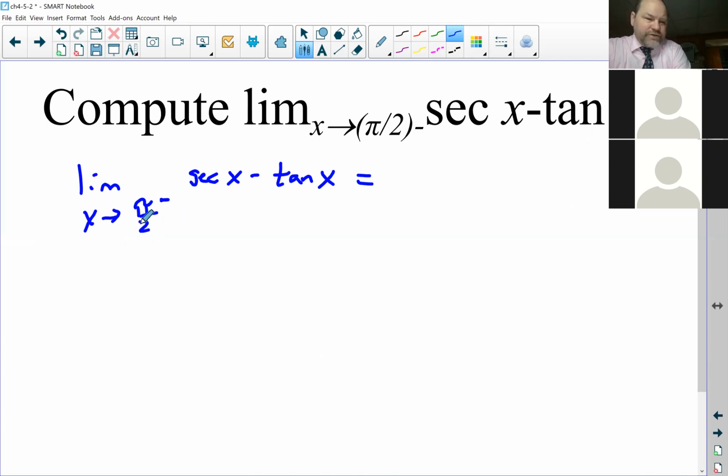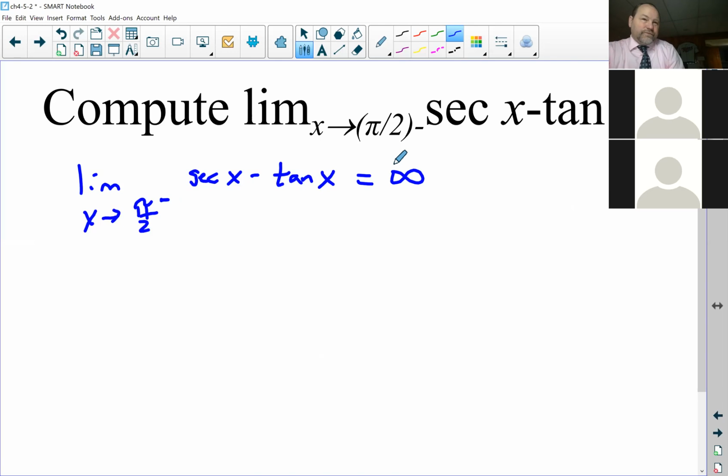Cosine at pi over 2 is 0. The reason we need it coming from the left is cosine is positive to the left of pi over 2. So this gives us a positive infinity.